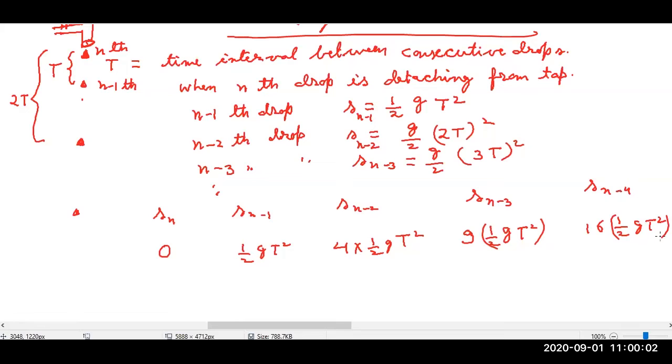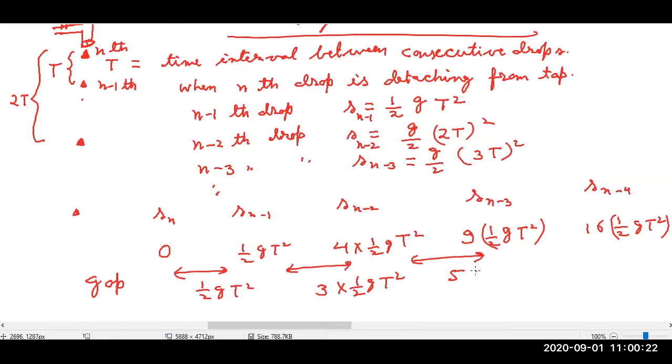And if you take the ratio of this, the gap between these two is what? Half gt square. The gap between these two is 3 times half gt square. This one is 5 times half gt square. Like this we can keep on writing. This gap is 7 times half gt square.